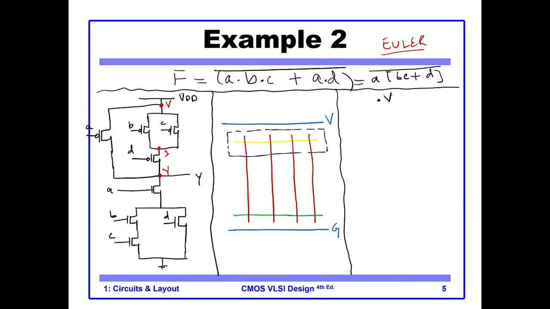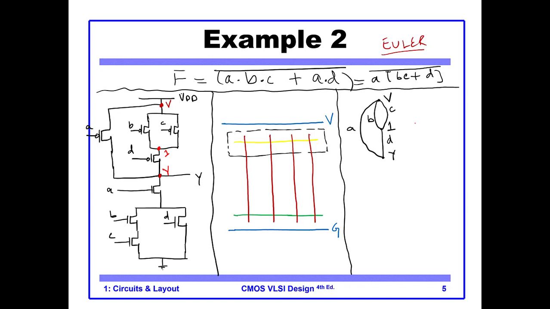We start with V, then we have 1, then we have Y. So what will happen, between V and Y, I have A. Between 1 and V, I have B, and I also have C. Between 1 and Y, I have D. So this is the Euler path for Pmos.